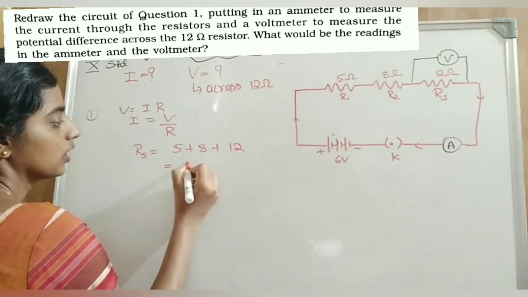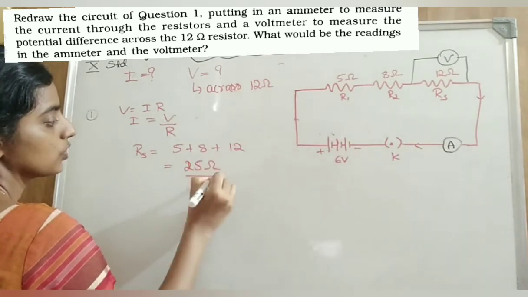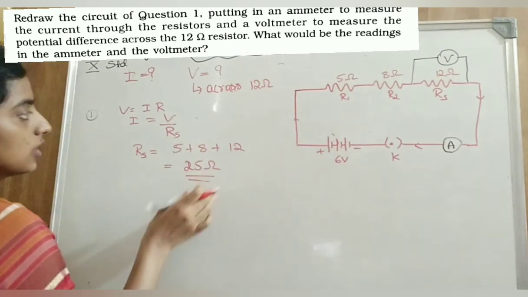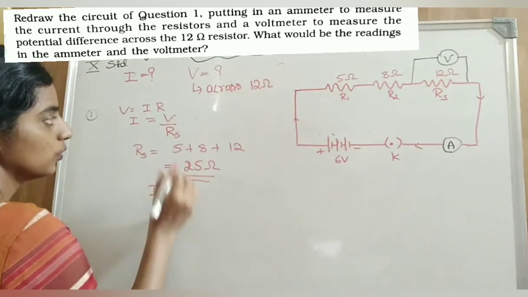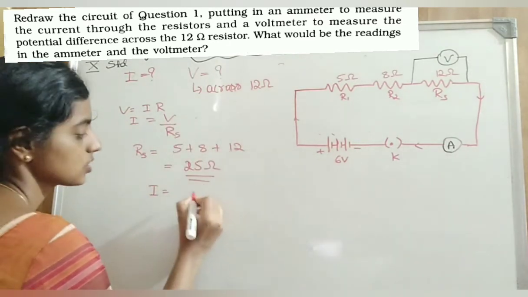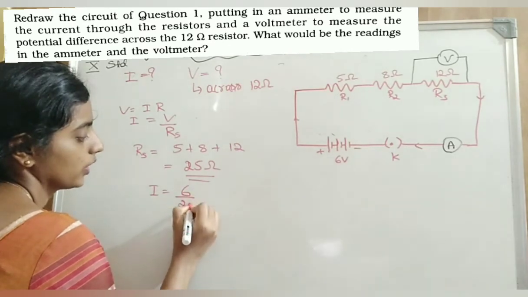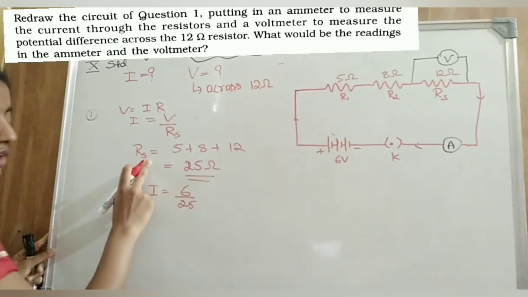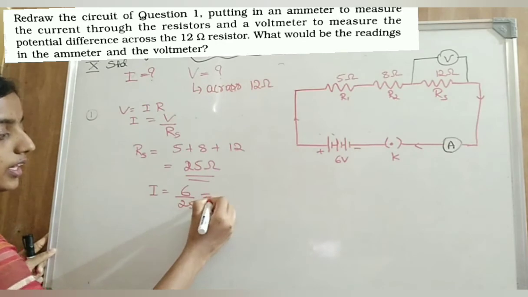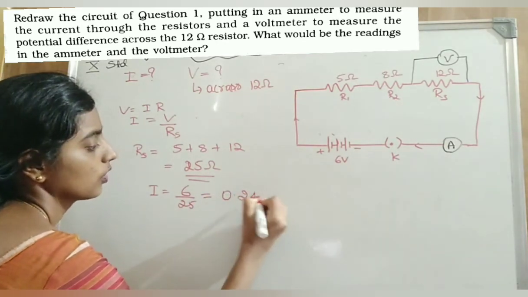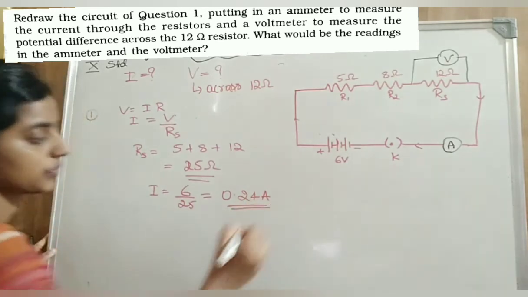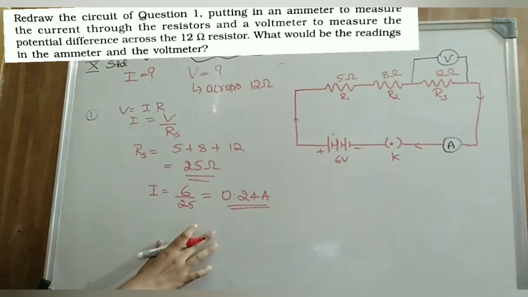Overall we will get 25 ohm. So this is our RS. Now substitute these values in this equation. That is I is equal to V, which is 6, divided by 25. This is our total resistance, and the current will be 0.24 ampere. See, we solved the first question.